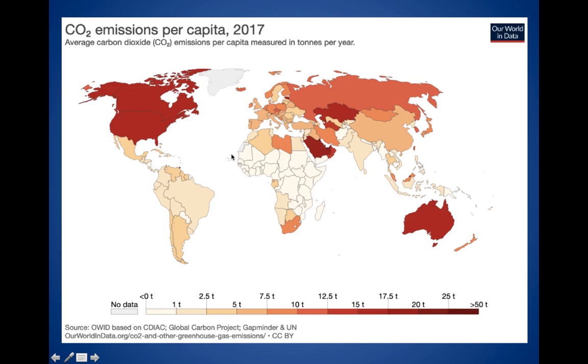And it's really quite amazing. You know, places with comparable levels of development, like Europe or Japan, use maybe half as much energy per person as we do in the United States. So clearly there's room for improvement.